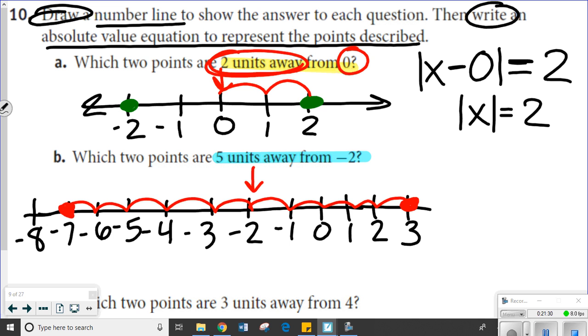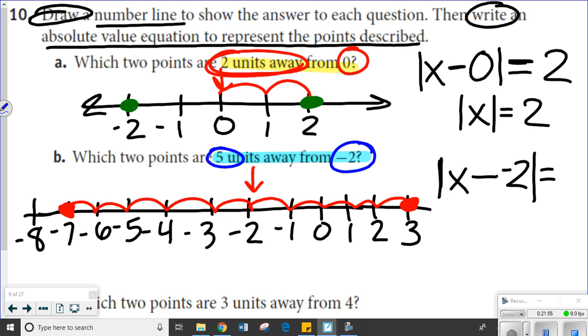But now we are going to write the absolute value equation. Let's start with our bars. It's always x minus our starting point, which here is -2. So x minus a -2 equals how many units away did we move? 5 units away, so equals 5.